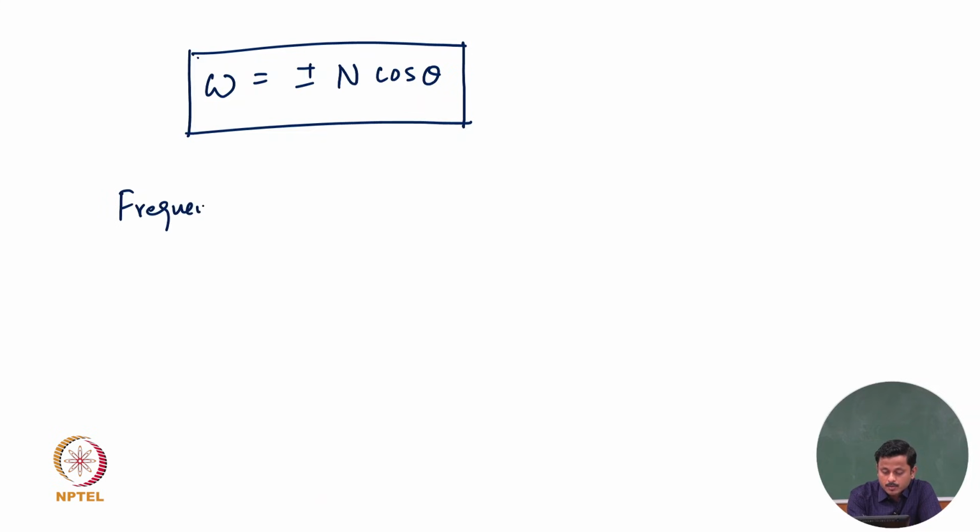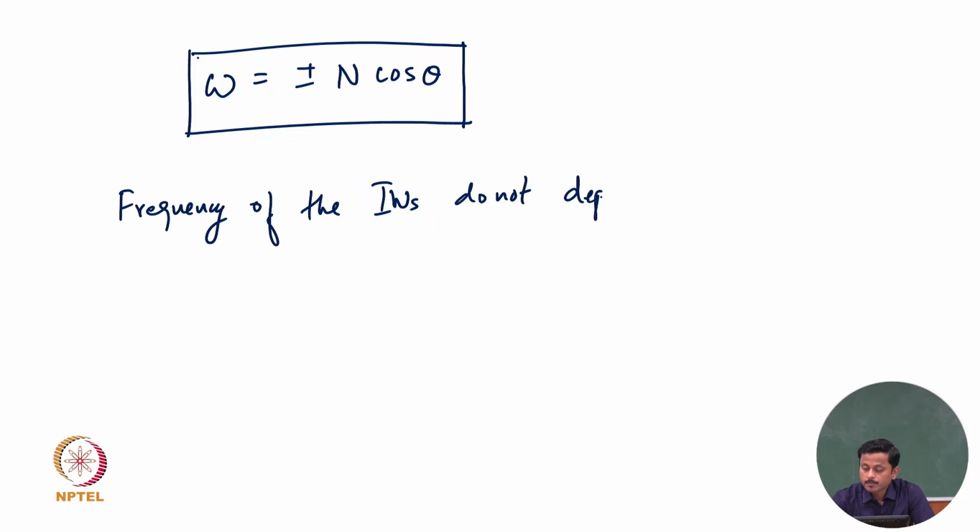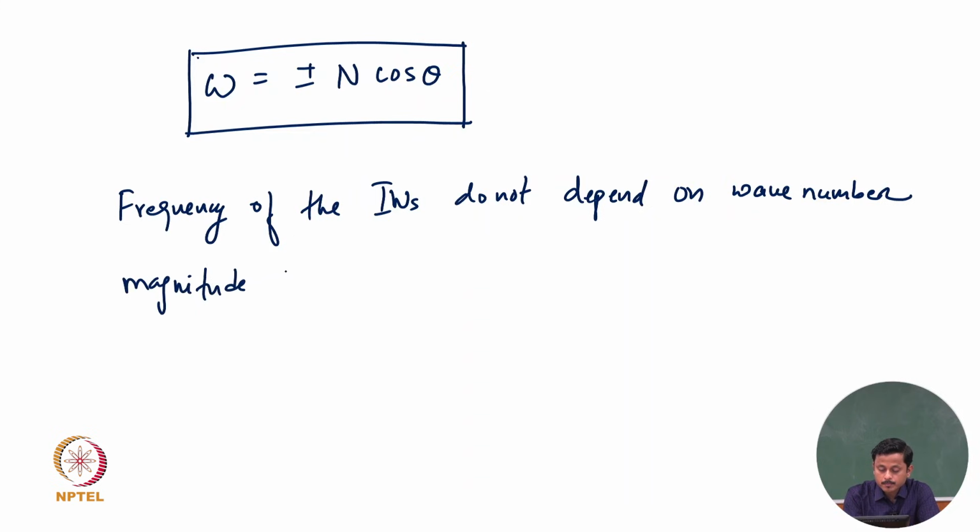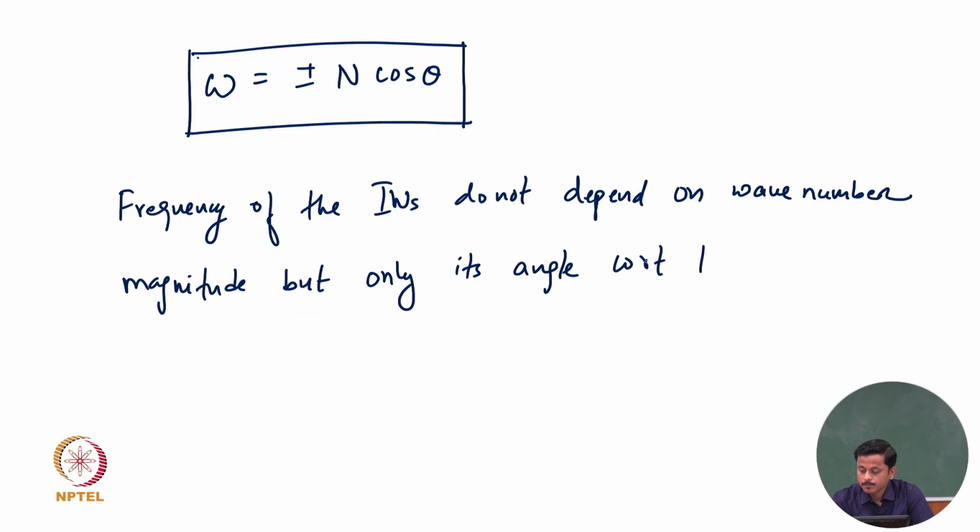This is interesting because we could express it in this way, and it's also important because the frequency of the internal waves does not depend on the wave number magnitude, but only on its angle with respect to the horizontal plane.